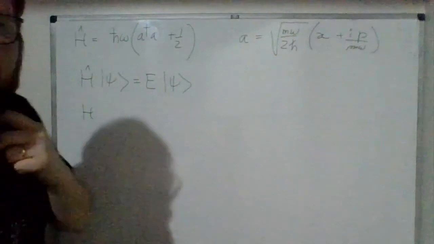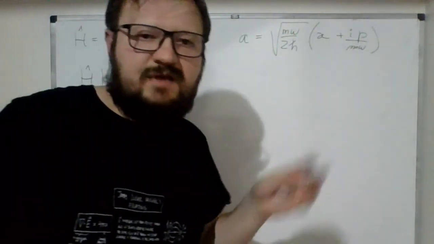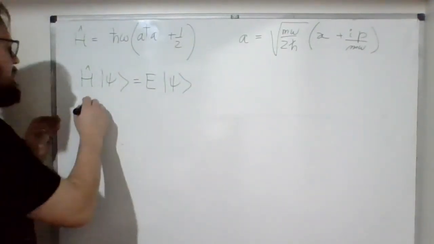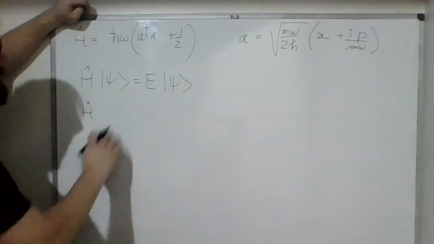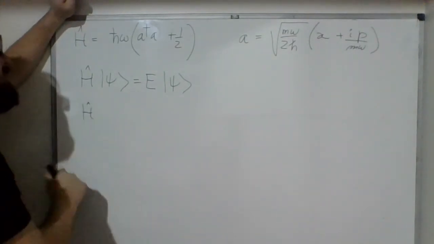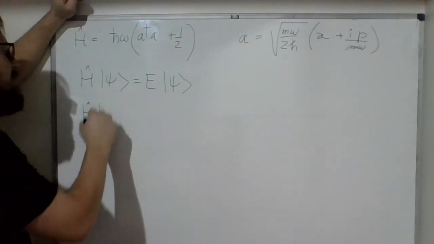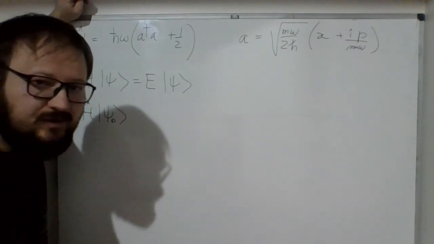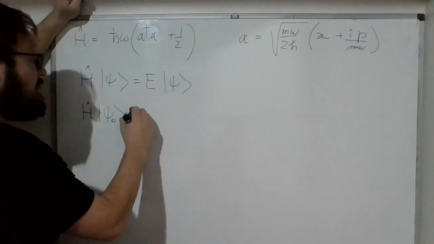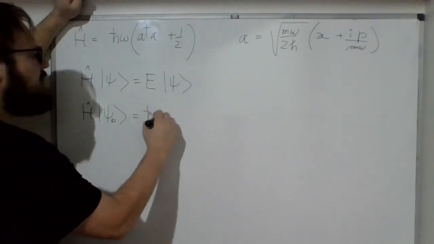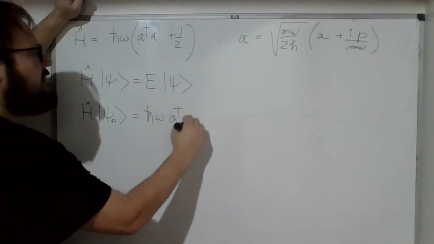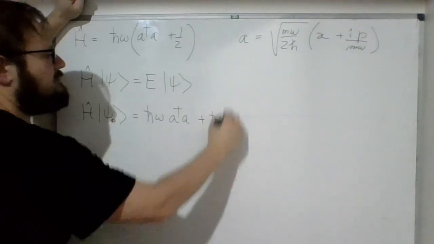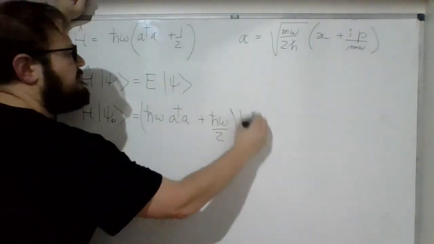And now I can find, for this problem, which has a positive definite Hamiltonian, because it's a sum of squares, we'll find out that when you apply this to some function, let us call it psi 0, which corresponds to the lowest level, it is h bar omega A dagger A plus h bar omega divided by 2 applied to that psi 0.